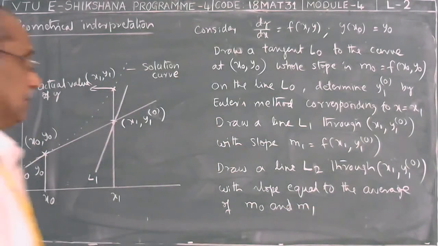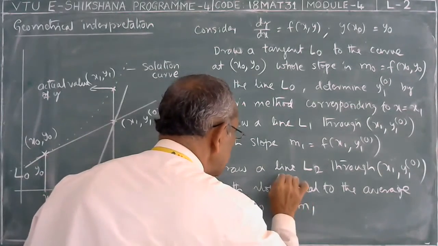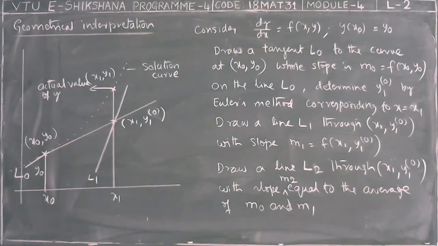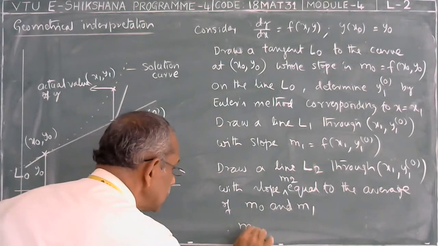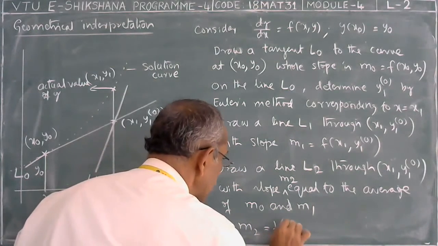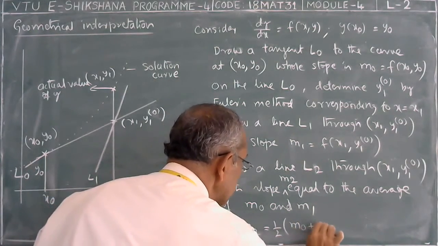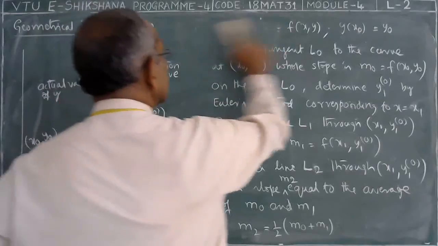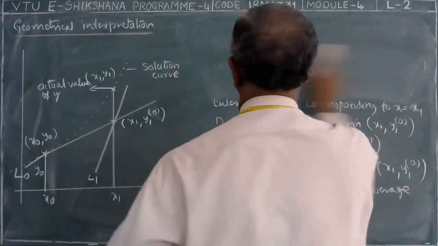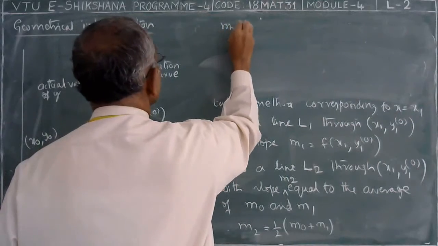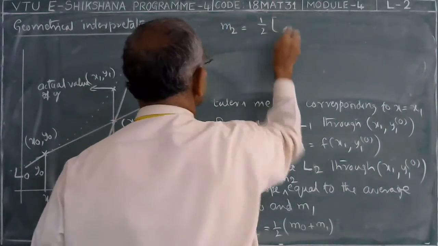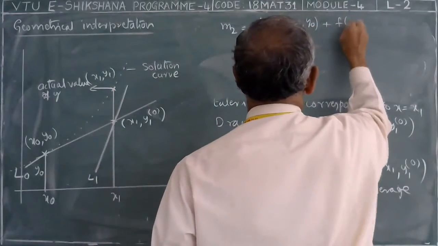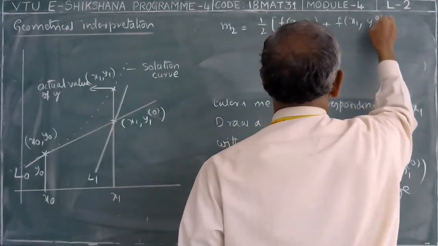With the slope m2, let us say, m2 is equal to the average of m0 and m1. So therefore, m2 is 1 by 2 into m0 plus m1, or m2 is equal to 1 by 2 into f of x0 comma y0 plus f of x1 comma y1 0.